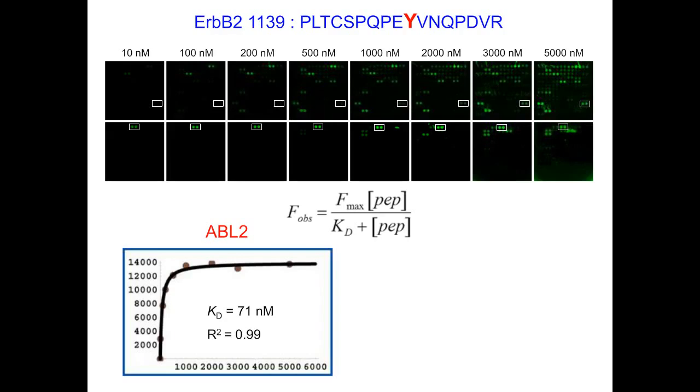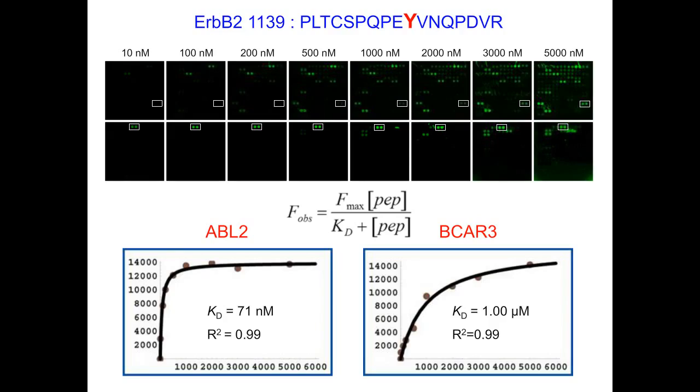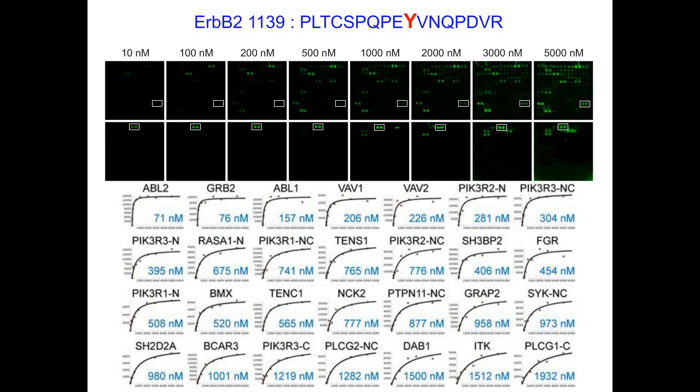But we could also characterize, if we incubated at very high concentrations of the peptide, we would see saturation with lower affinity proteins, such as the breast cancer anti-estrogen resistance 3 protein. The midpoint of this binding curve was 1 micromolar versus 71 nanomolar for the ABL2 kinase.